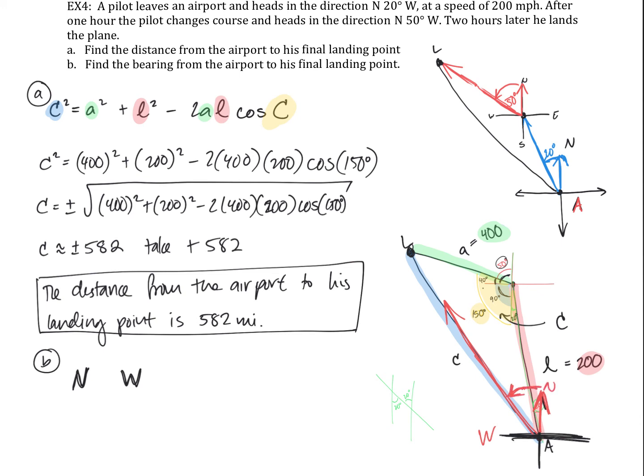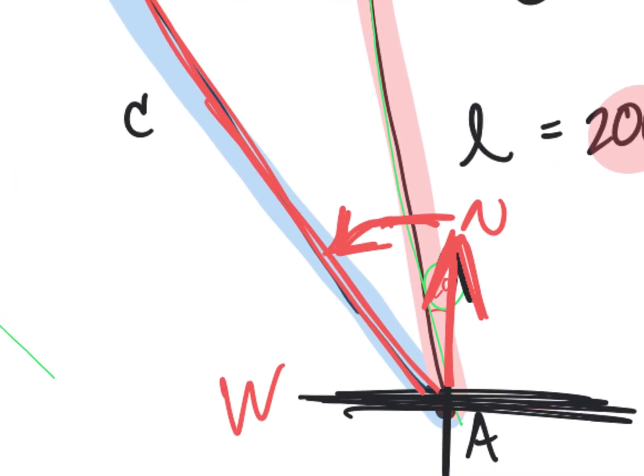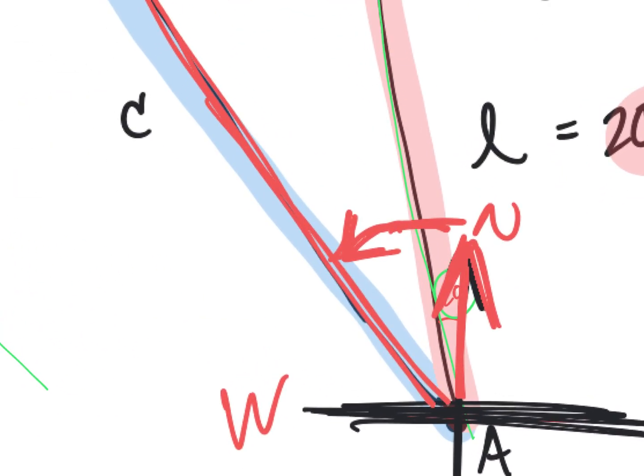How will we do that? Well, I slightly covered it up, but we do know a portion of our angle. Let me go ahead and zoom in on this. I did cover it up. Okay, so we know that this angle here, originally told to us, was 20 degrees. And we are trying to figure out this whole distance.